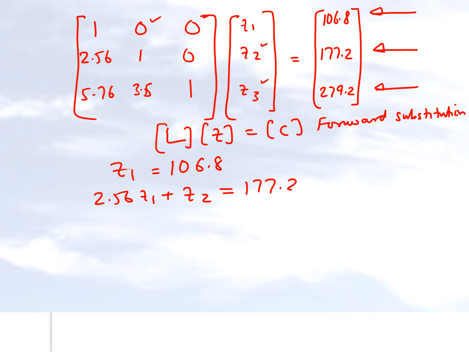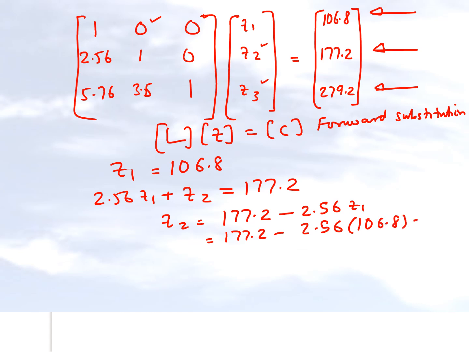So I get 177.2. From here, Z2 will be 177.2 minus 2.56 Z1. I just found out what Z1 is, which is 106.8, and that number turns out to be minus 96.208.